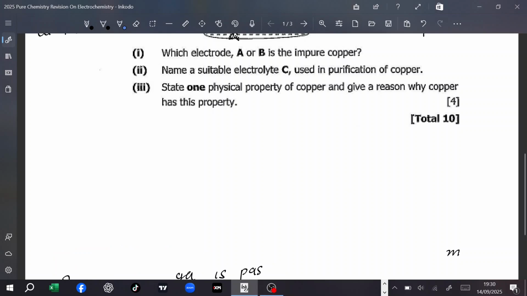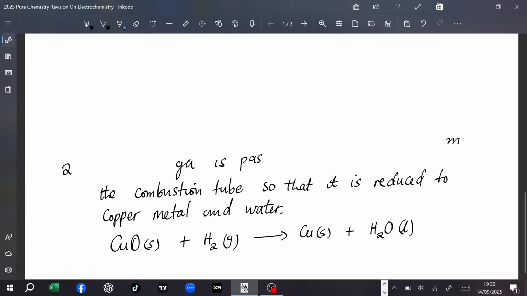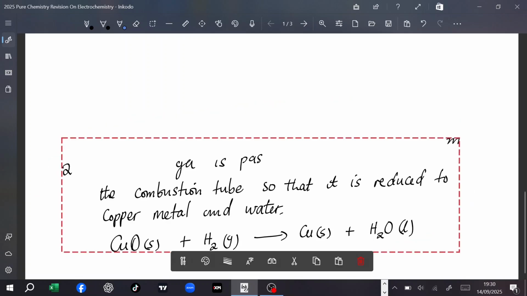Okay, let's see how we can remove these which are down here.